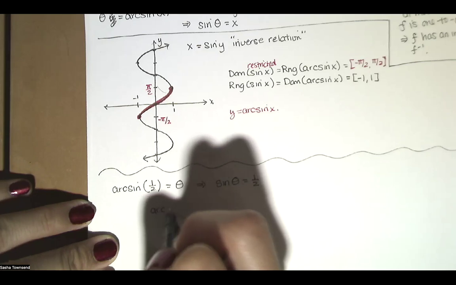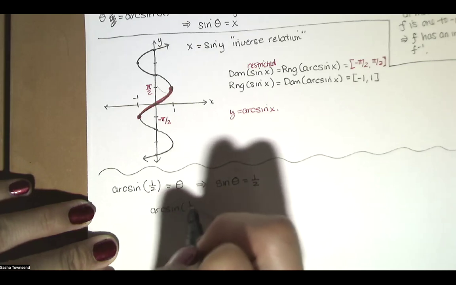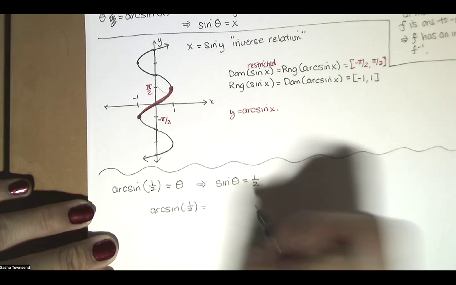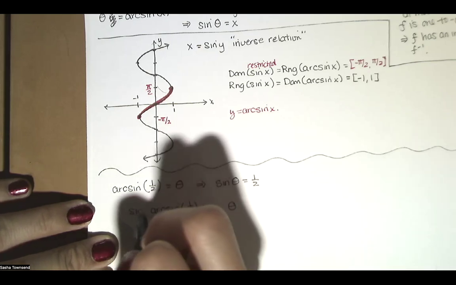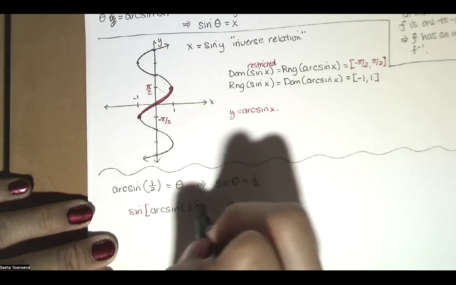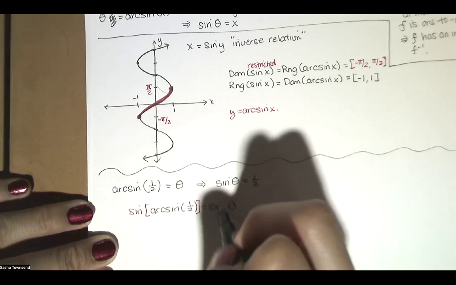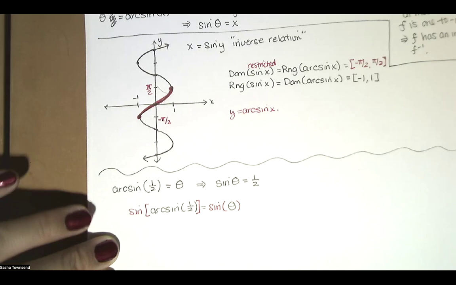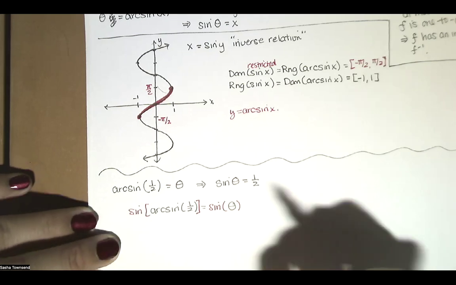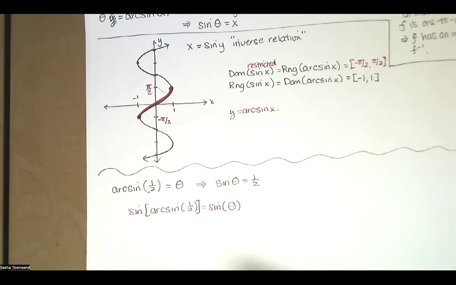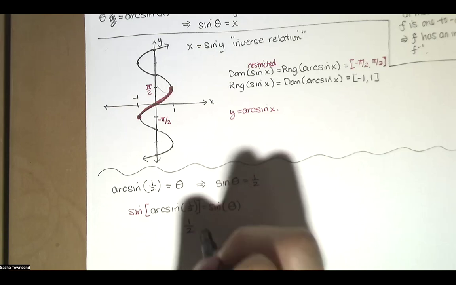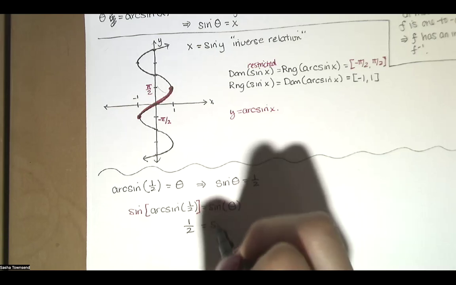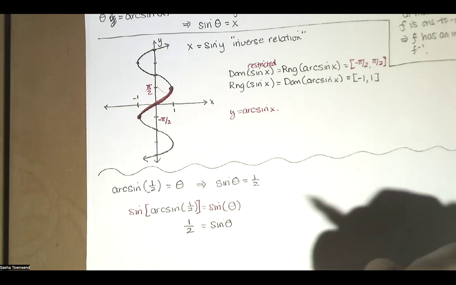You can say arc sine of 1/2 is equal to theta. If we take the sine of both sides, sine of arc sine of 1/2 equals sine of theta. And sine of the arc sine of 1/2 should be 1/2. And sine of theta is just a function.